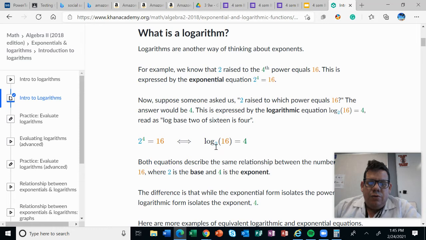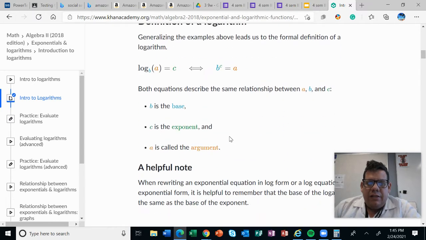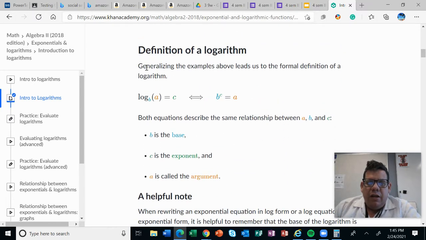As you can see, this 2 is the base here and also the base right here. The answer from 2 raised to the 4th is 16, so it's next to the 2. And the exponent, which is raised here, the 4, goes here. Basically, this is the definition of logarithm.